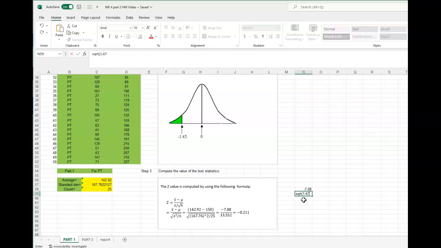Okay, this is the denominator, the bottom part. 167, not 1.76. 167.76 square divided by 25.